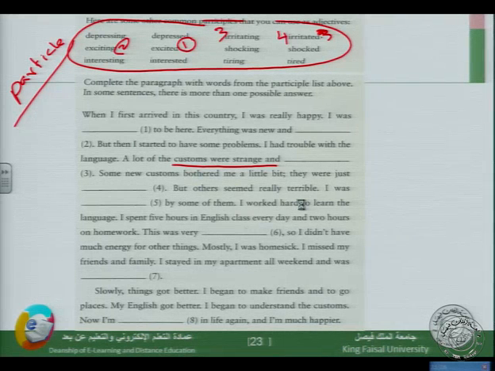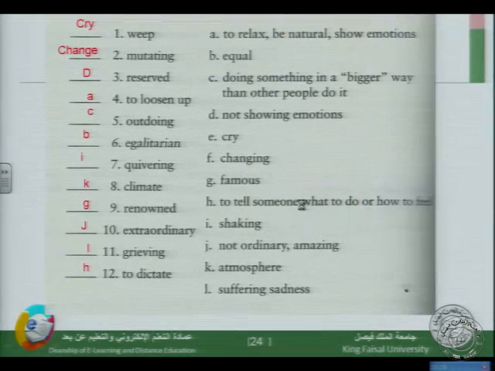I was shocked. That is 5. I was shocked by some of them. Okay, I will leave all of these for you. You can do it by yourself. Okay, I have done 1, 2, 3, 4, 5, and you will do 6, 7, and 8. Okay, and please just pay attention to the past participle and the present participle.